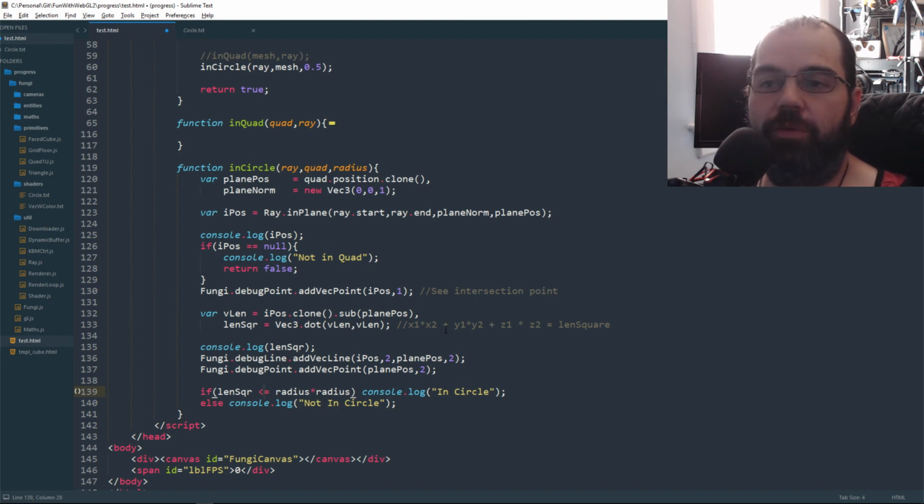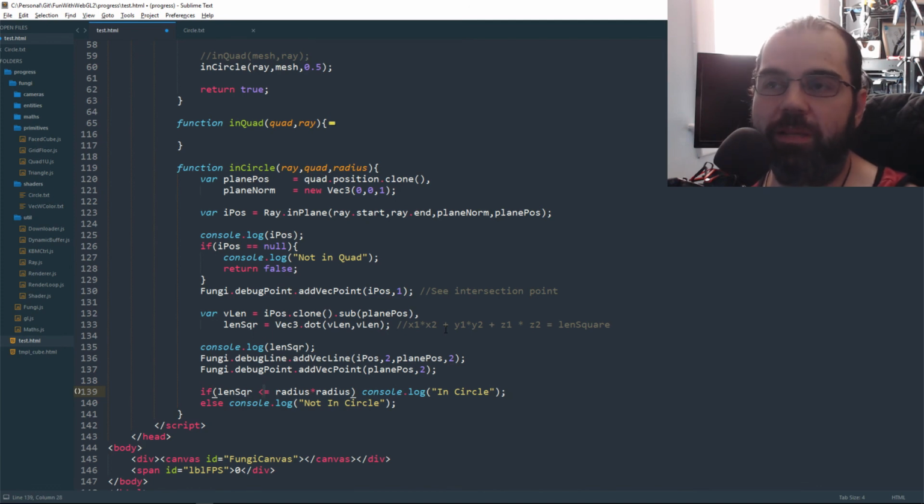So if the actual number of the length is very important, then do the full equation. If you want to optimize your code a little bit, speed things along, then you can try to do everything in length squared. So like I said, I know my radius is 0.5, so 0.5 times 0.5 equals 0.25.